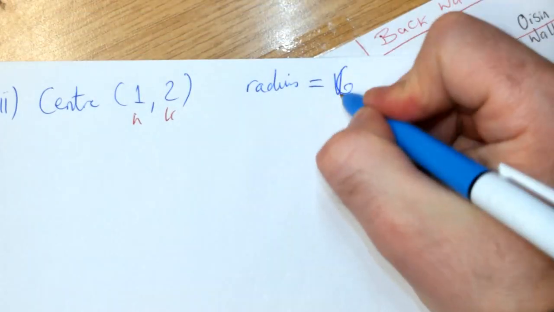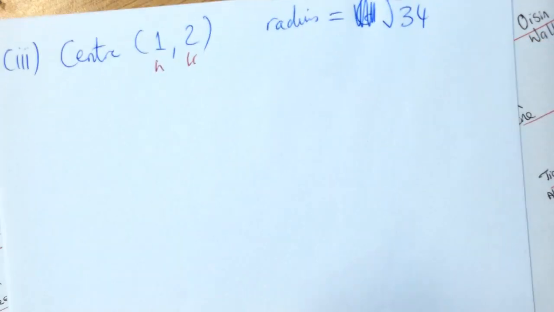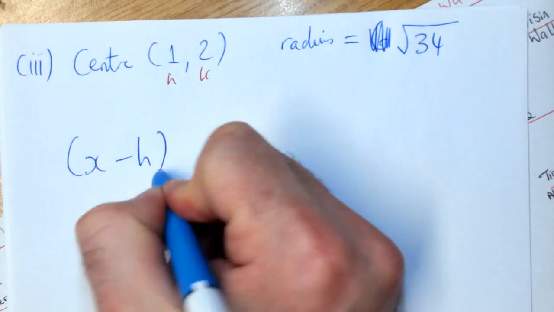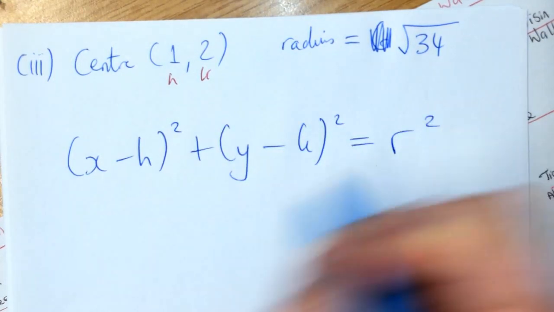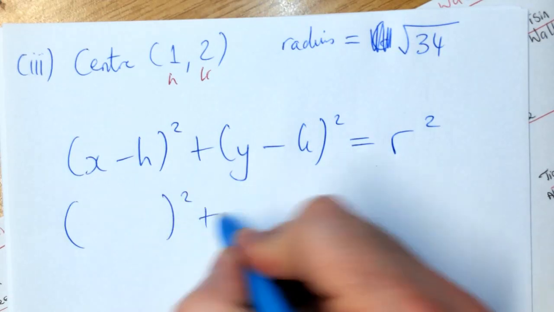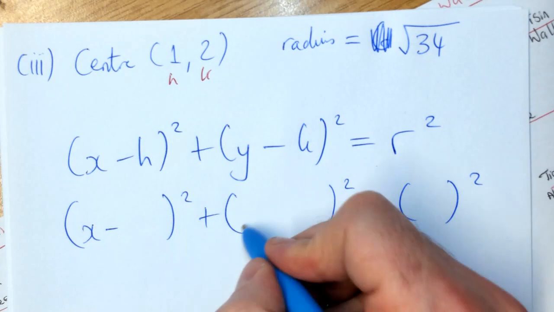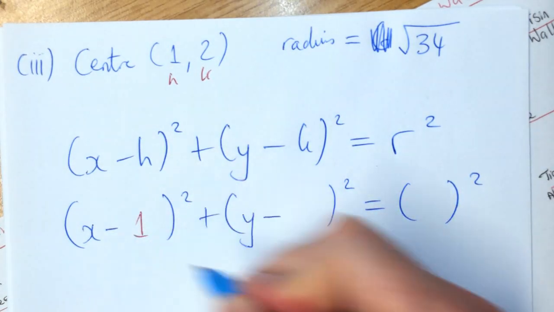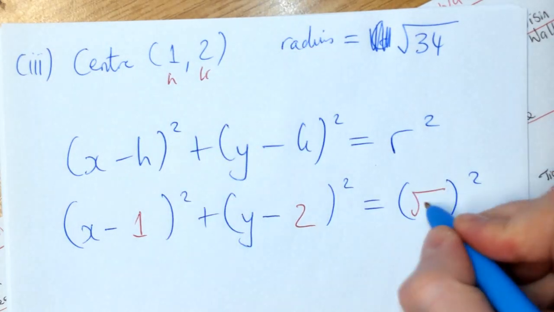Now, we have to find the equation of the circle. The radius is square root of 34 and our center is (1, 2). Our formula is x minus h squared plus y minus k squared is equal to r squared. Plugging it in, x minus 1, y minus 2, and r squared is 34.